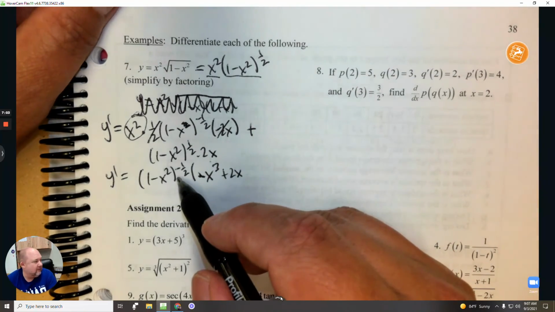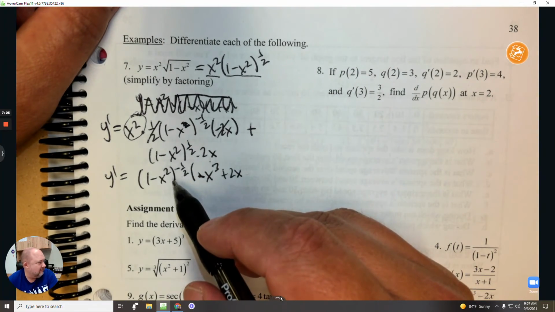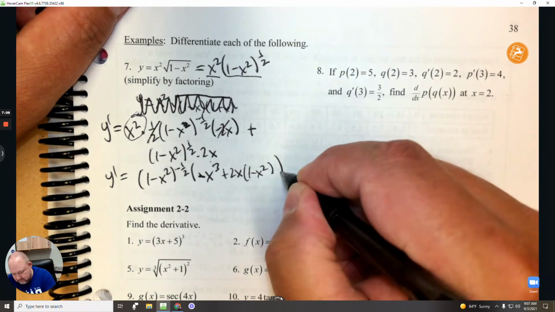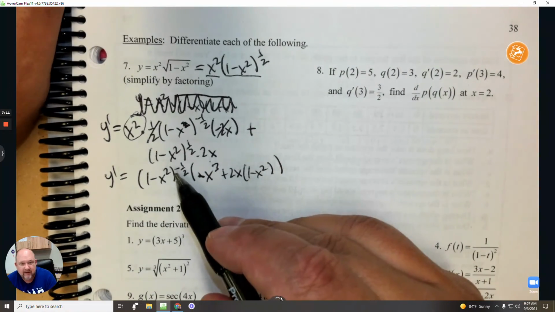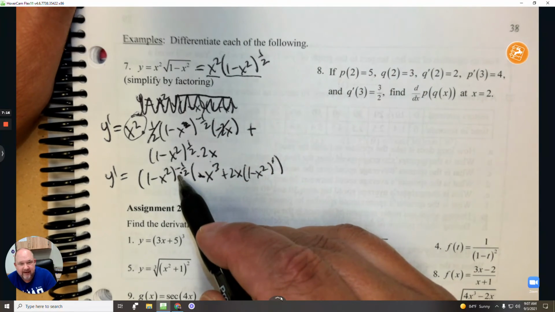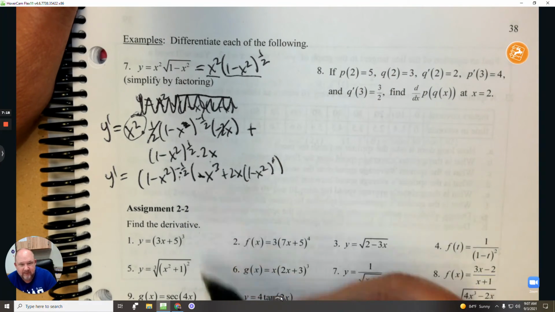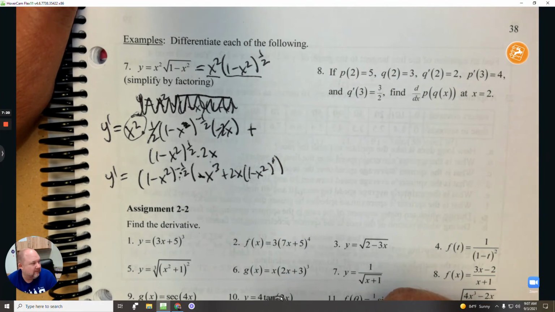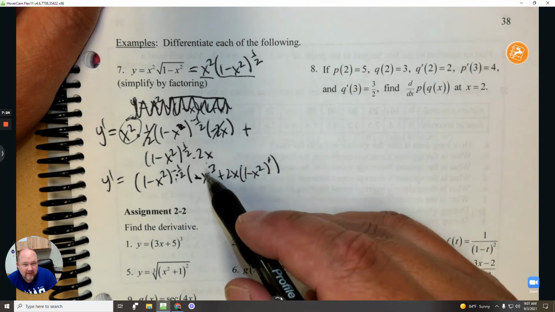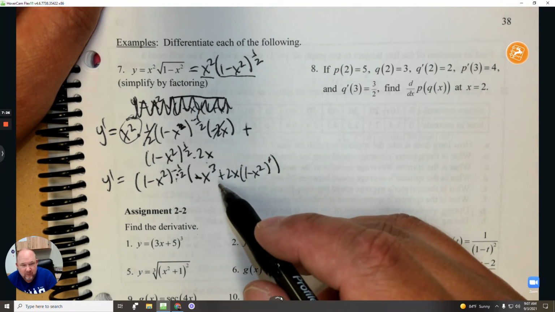Now if I factor this out, it's just 1 minus x squared. So that if I add them, think of this as a 1. If I go negative 1/2 plus 1, they're going to be equal to what it was before. Anyway, be done with that. And then you could combine like terms in there, and you could rewrite it if you wanted to.